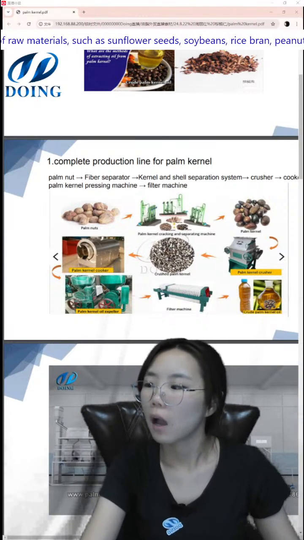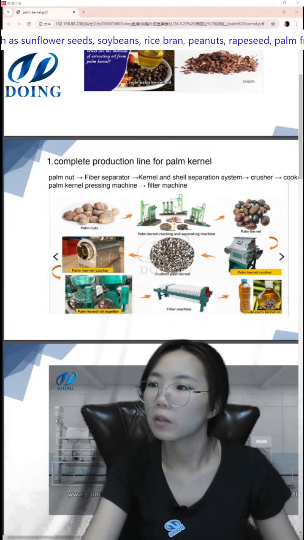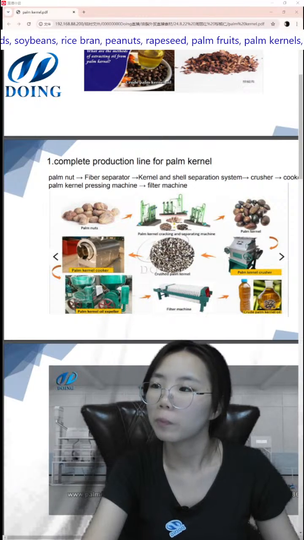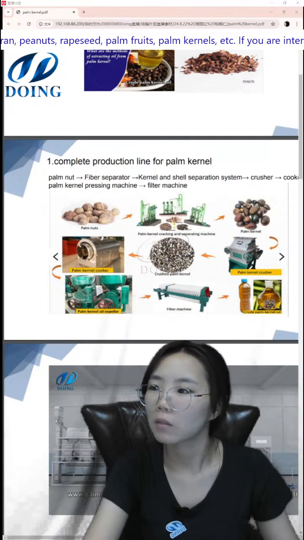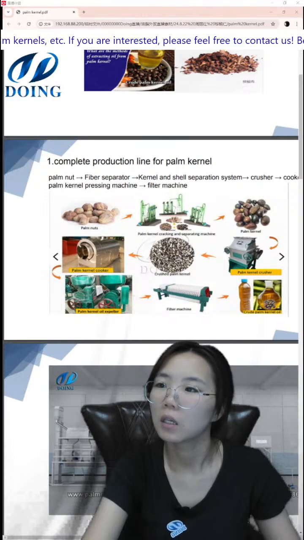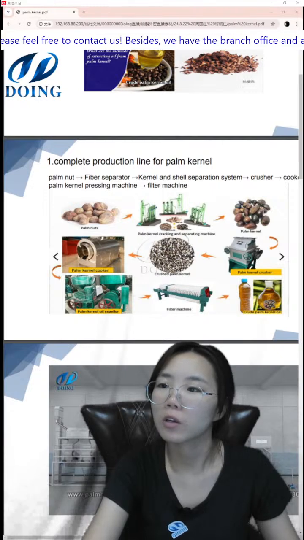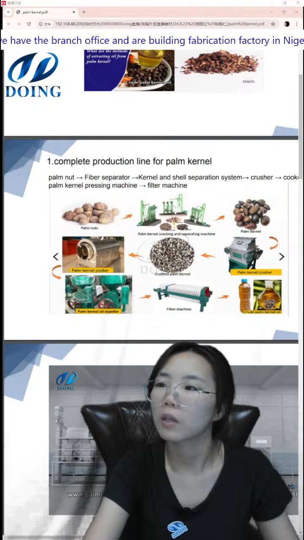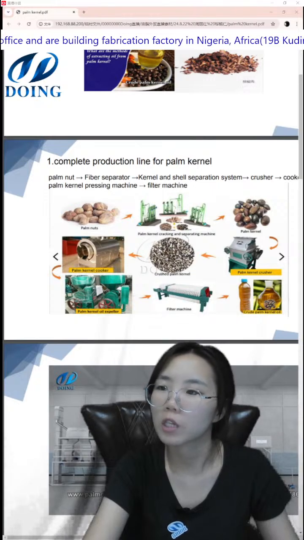Our raw material is palm nuts, and we will put the palm nuts in the first machine. The first machine is a fiber separator, and next are the kernel and shell separation system, crusher, cooker, palm kernel pressing machine, and the filter machine.